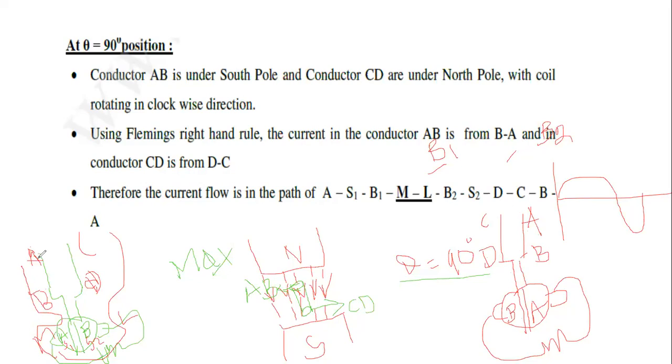In the first case, the conductor AB is connected to the commutator segment A and the conductor CD is connected to commutator segment B. In the second case, the conductor AB is connected to A and the conductor CD is connected to B. There is no change of the connection of the commutator and the conductor segments.